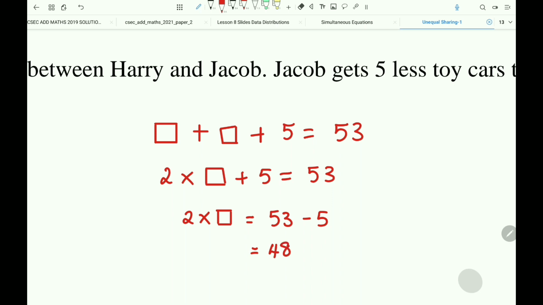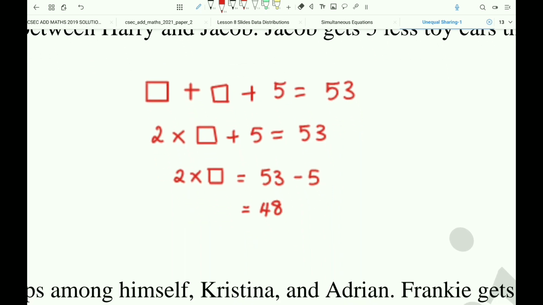If you need to work that out on the side of your working, you can. So we have that 2 times box is equal to 48, which means that in order to find what 1 times box is, we just divide 48 by 2. So we'll have 48 divided by 2, which is 24.